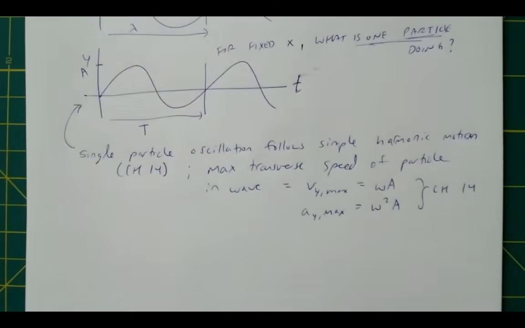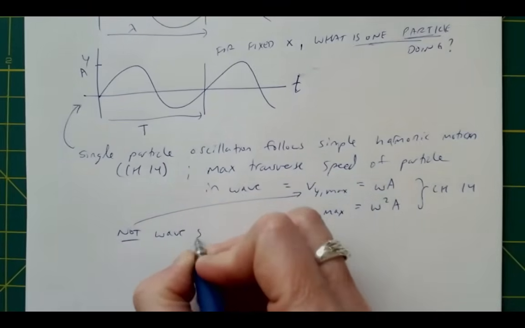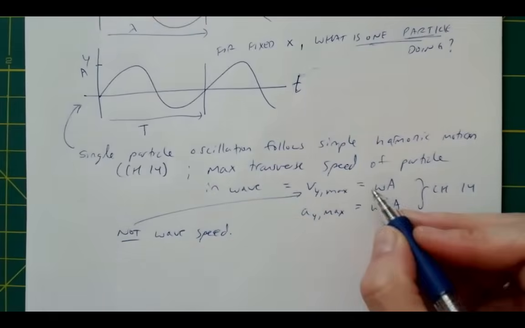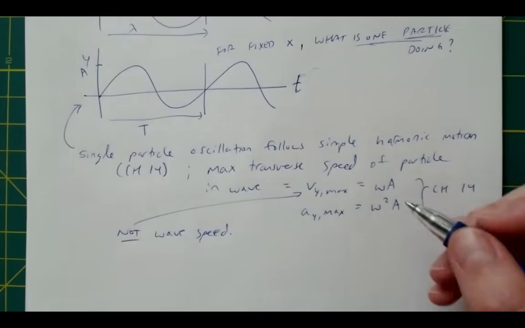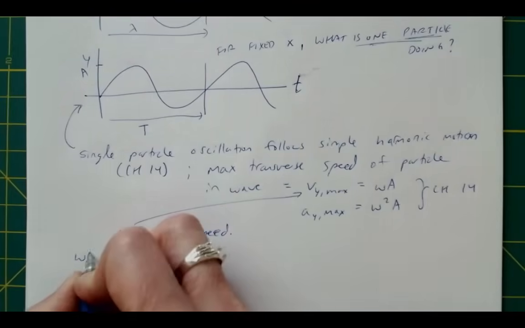Note, though, that this is not wave speed. That's the individual particle's maximum speed, which is different than the speed at which the energy is being transmitted, and that is the wave speed.